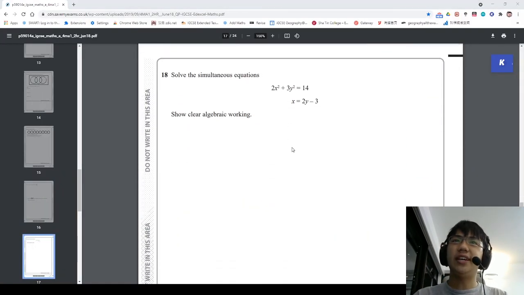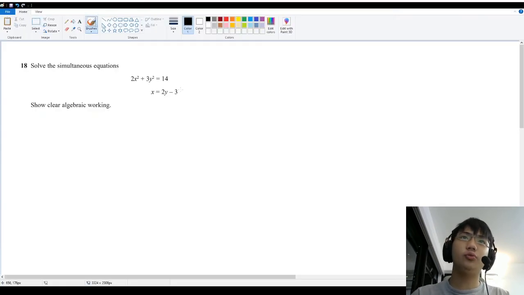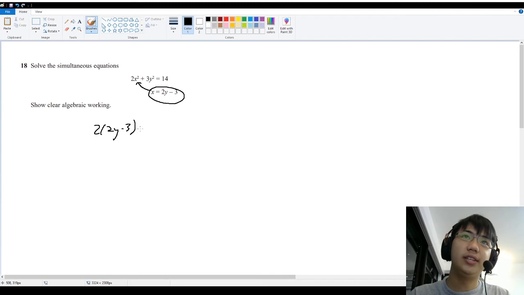Moving on to question 18, we need to solve the simultaneous equations 2x squared plus 3y squared equals 14, x equals 2y minus 3, showing clear algebraic working. First of all, we can substitute this equation into the x over here. So 2 times (2y minus 3) squared plus 3y squared equals 14.